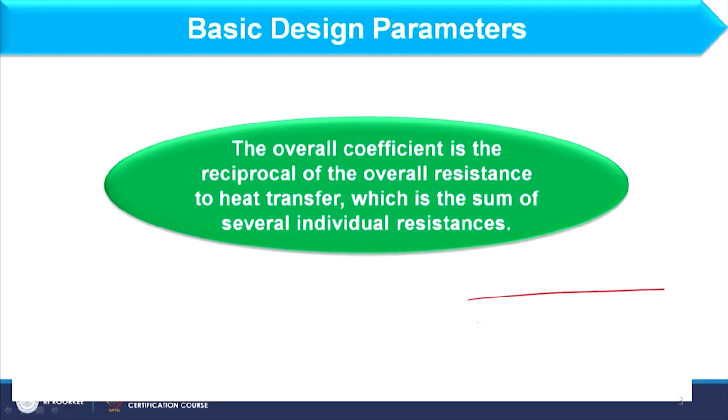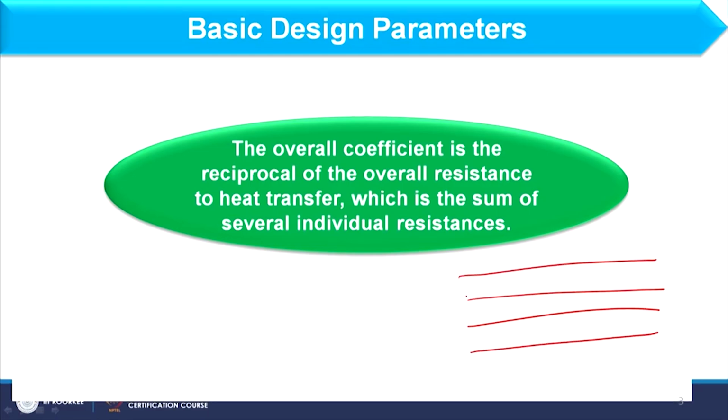Now, on the annular side, if I am having the hot fluid, the heat is first transferred from that hot fluid to the tube wall, and then from the tube wall to the fluid which is flowing inside the inner pipe. So, what are the resistances in total? If I am considering a double pipe heat exchanger, let us say like this, and here I am having this double pipe.